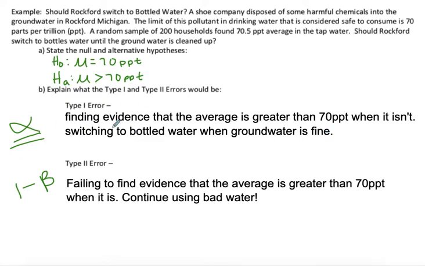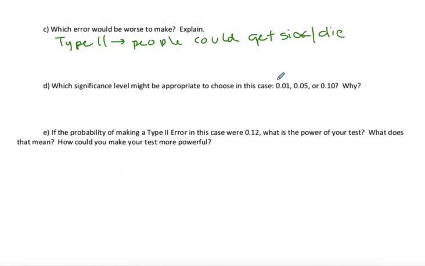I'm willing to make a type 1 error in order to save myself from making a type 2 error. And so as I look at my options that they provided here, I'm going to choose the biggest one. I would rather us increase our probability of making a type 1 error, and I would rather that then will decrease the probability of making a type 2 error.